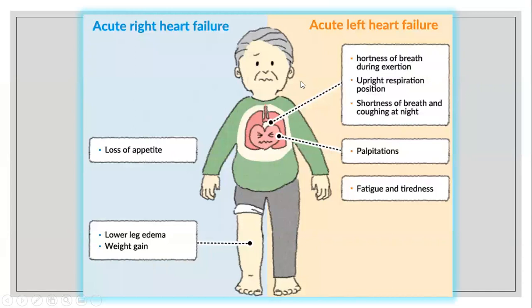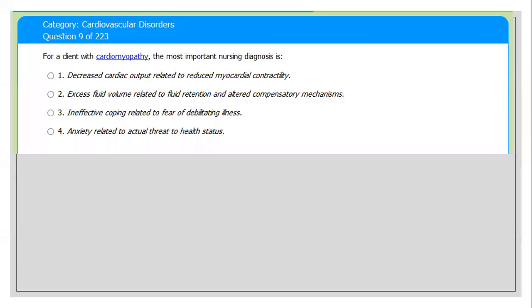In this picture, we can see a very short way to explain right side heart failure: loss of appetite because the GI tract is involved, lower leg edema because the liver does not work well, also weight gain because fluid accumulates in the body. Left side: shortness of breath, orthopnea, shortness of breath and coughing at night, palpitation, fatigue, and tiredness. So these are the more common signs for a patient who has right or left side heart failure.